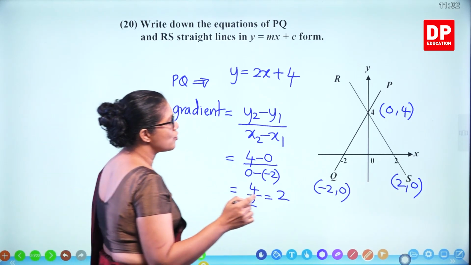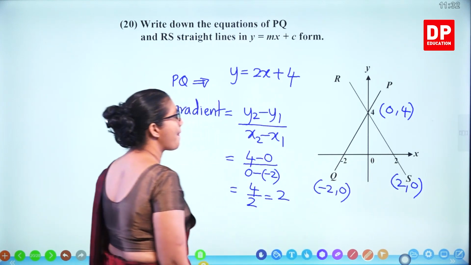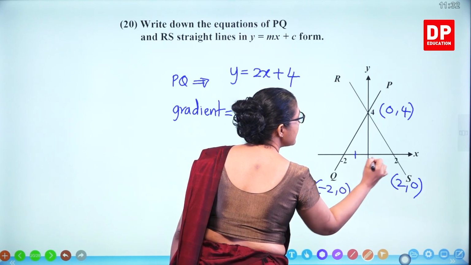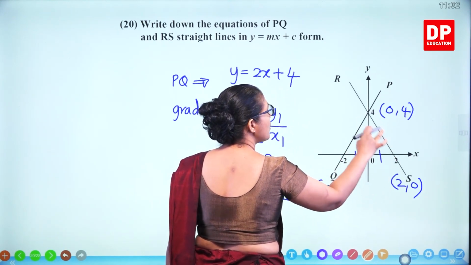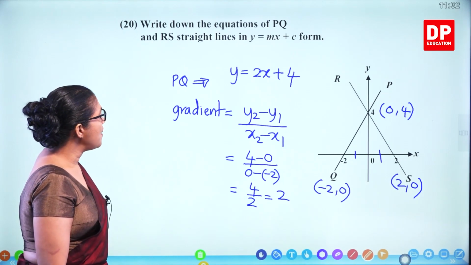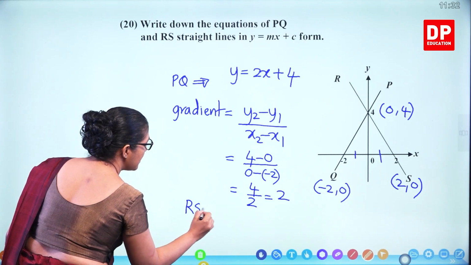So this is an isosceles triangle. This side is equal to this side. This length is equal to this length, so you get the same slope. Height is the same, so same slope. So you can straight away write down RS.